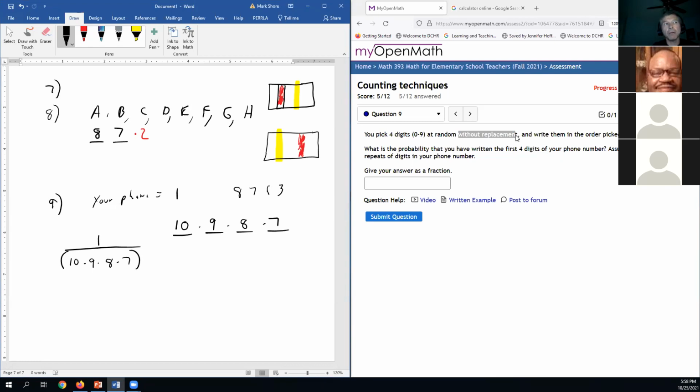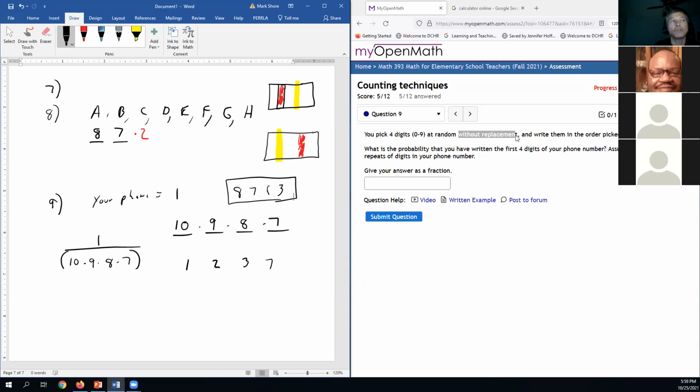This is all the different possibilities that you could guess. Like you could guess the last 4 digits, is it 1, 2, 3, 7? No, it's not. These are the 4 digits that I'm looking for. So how many possible things could you guess? This many, 10 times 9 times 8 times 7. How many of them are right? There's only one choice that's right, whatever your 4 digits are on your phone number.